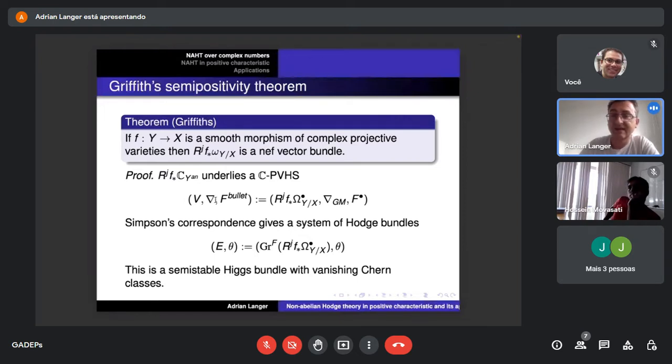So this really means that we have this V, a vector bundle, this nabla, which is a connection, and F bullet, unfortunately bullet was left on the left side. So here what I mean is that we really get a Gauss-Manin connection on the higher direct image of the de Rham complex in this case. And this comes with some Hodge filtration.